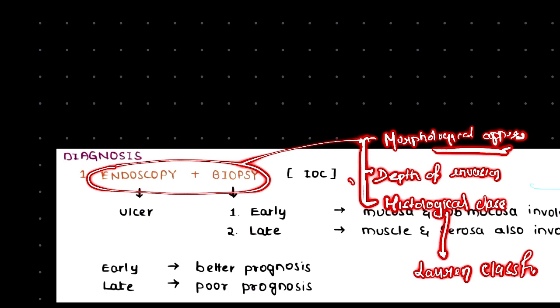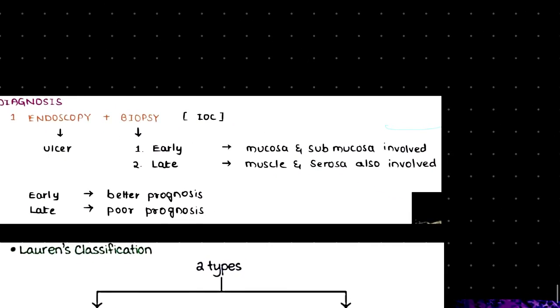And talking about the depth of invasion, right, what we'll find out is how these cancers are affecting our different histological structures. We'll find that there will be mucosa and submucosal involvement in the case of the early phase of our cancer, but in the late phase we have the involvement of muscle and serosa, right?